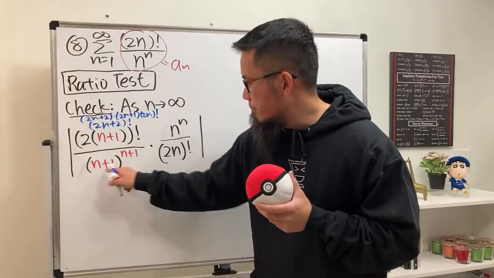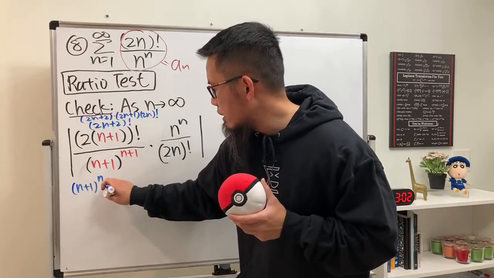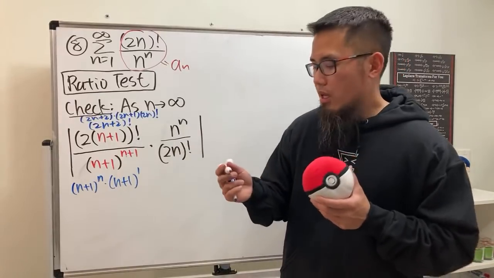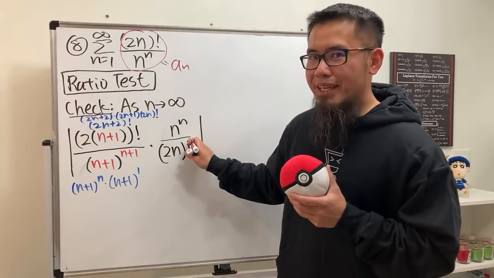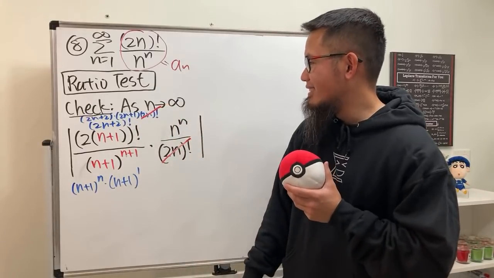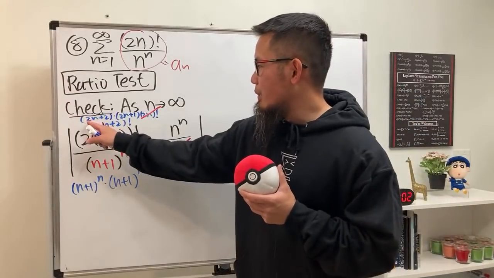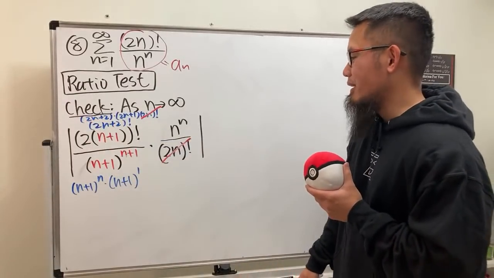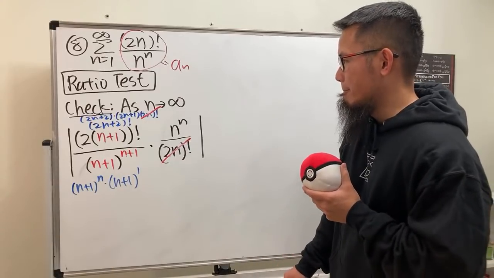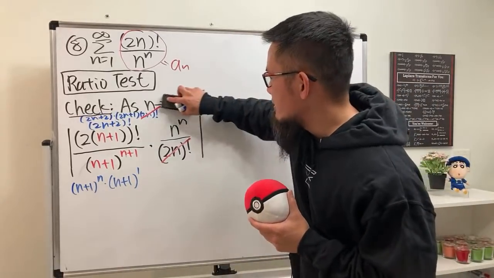Simplify this. The base stays the same, so we have n plus 1 raised to the nth power times n plus 1 raised to the first power. Happy canceling. This and that cancel out. But I ran out of space, so I'm going to fix this a little bit.